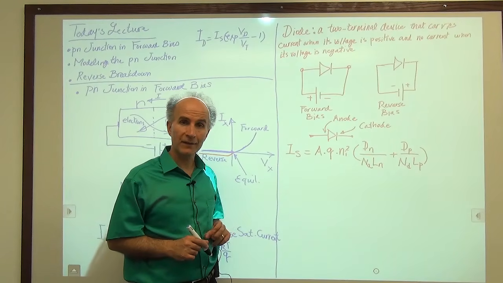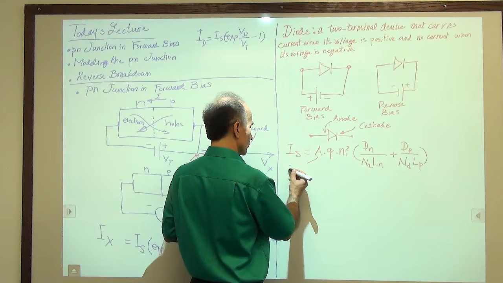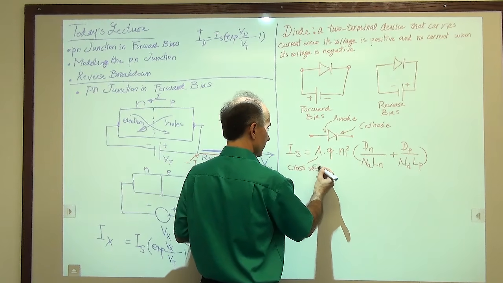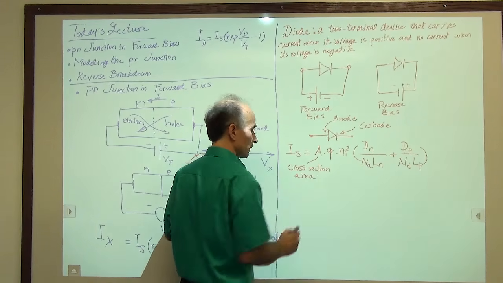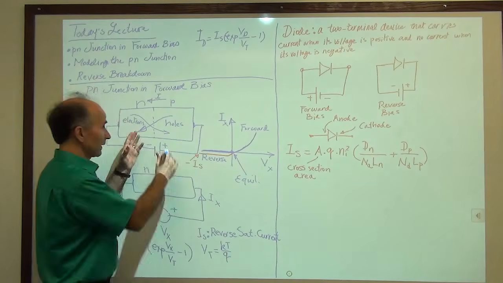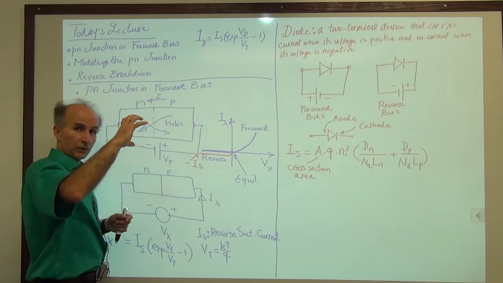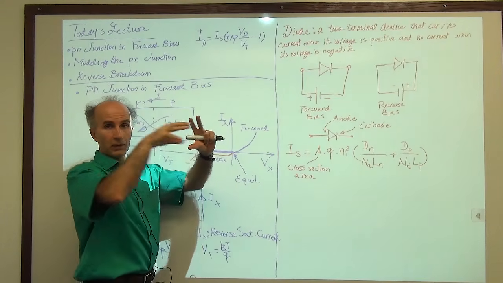A is the cross-section area of the diode, the cross-section area of the junction. What do we mean by that? Well, when you build this junction, it's not a two-dimensional structure, it's a three-dimensional structure, right? So it has some area through which the current flows.